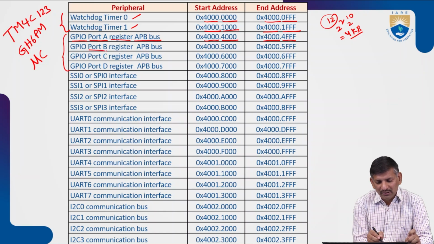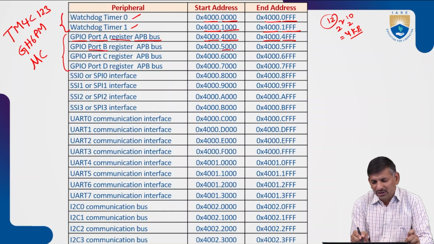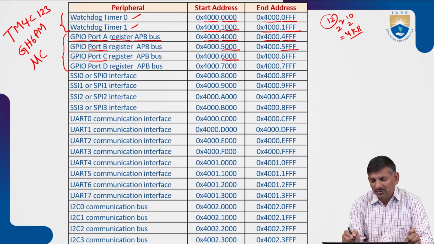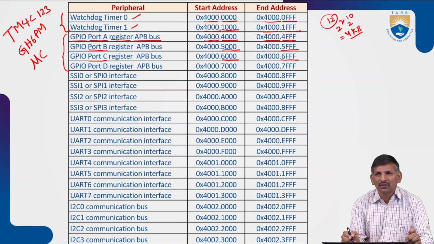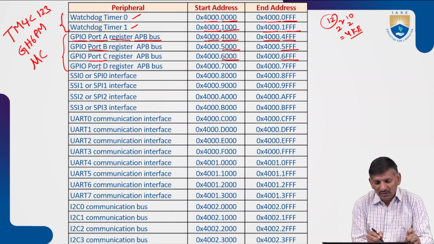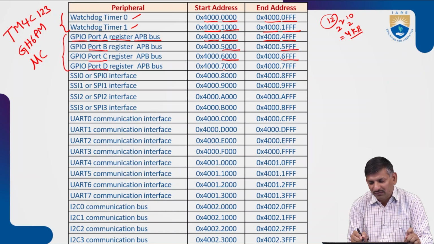For port B, they are assigning from 5000 onwards, 5000 to 5FFF. For port C, it is assigning 6000 to 6FFF in the 4000 series. Means for each port they are assigning 4 kilobytes memory space. Similarly, for port D, it is assigning from 7000 to 7FFF.